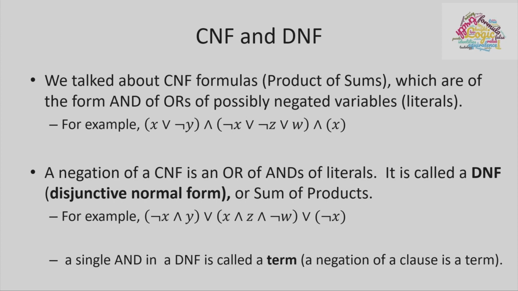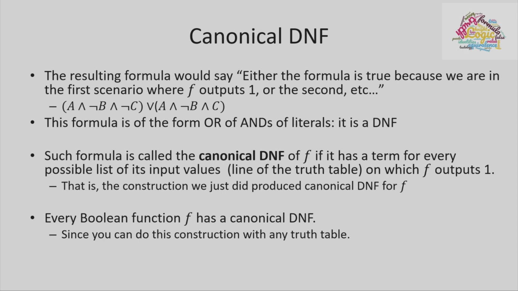So we have a slightly different terminology when we talk about formulas of this form. An AND of literals is called a term. And the whole formula is called a DNF, disjunctive normal form, where disjunctive is a fancy word for OR, just like conjunctive was a fancy word for AND. So why am I talking about it? Remember that we wrote down the full description of that function that was outputting 1 in 2 scenarios and 0 everywhere else as an OR of descriptions of the scenarios where it outputs 1.